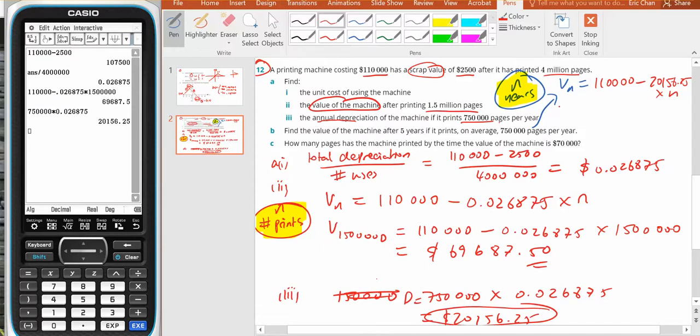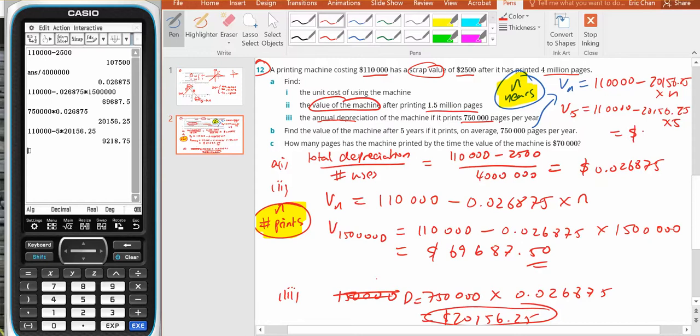So when I want 5 years, that's 110,000 minus 20,156.25 multiplied by 5, because this is the depreciation a year.